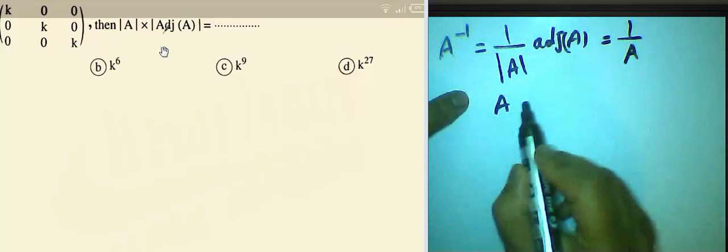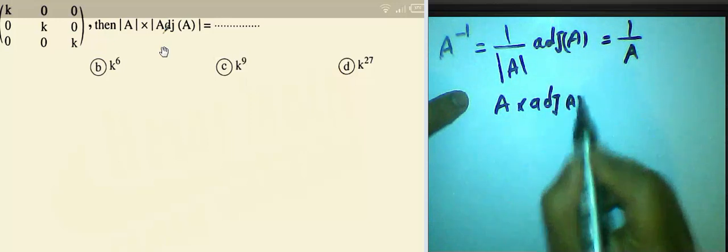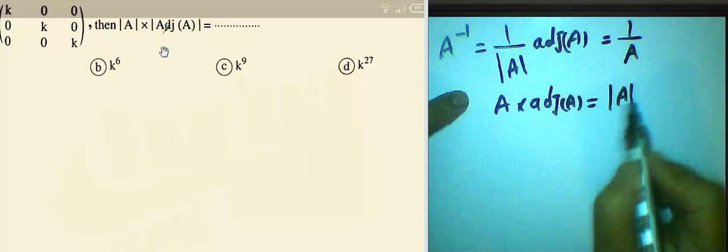Then A multiplied by adjoint A will be determinant A.